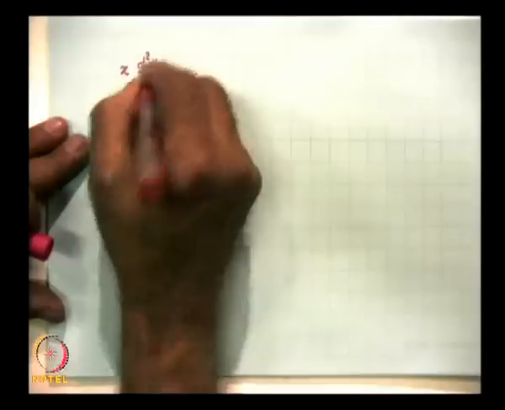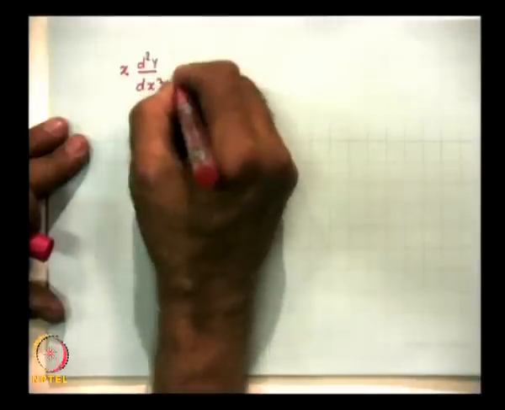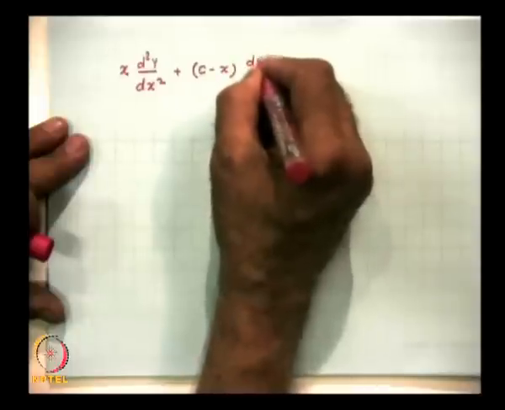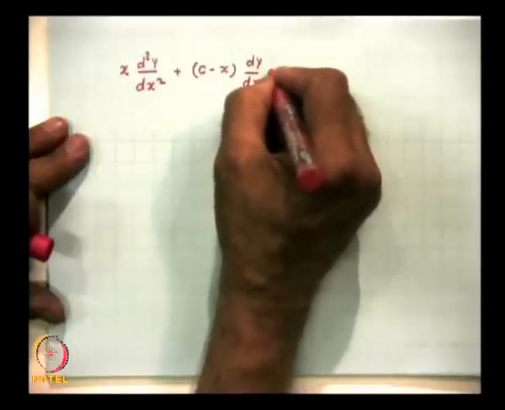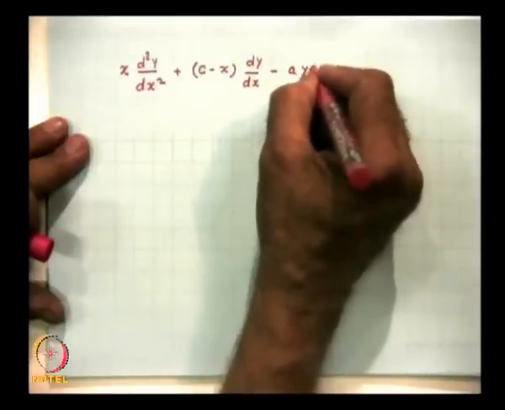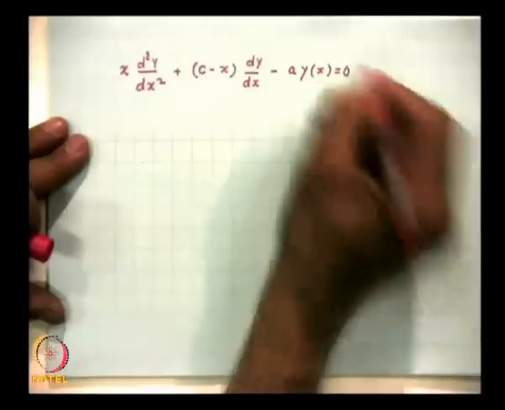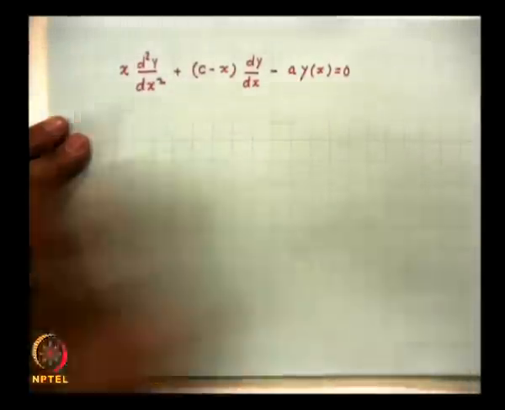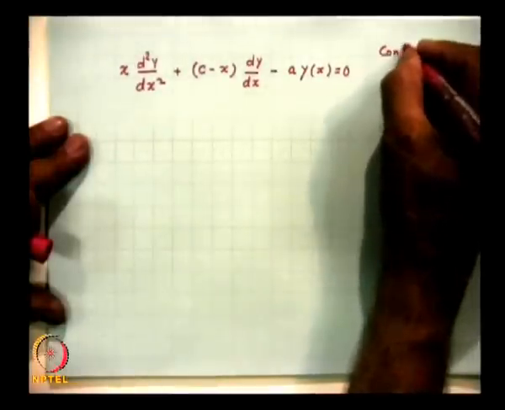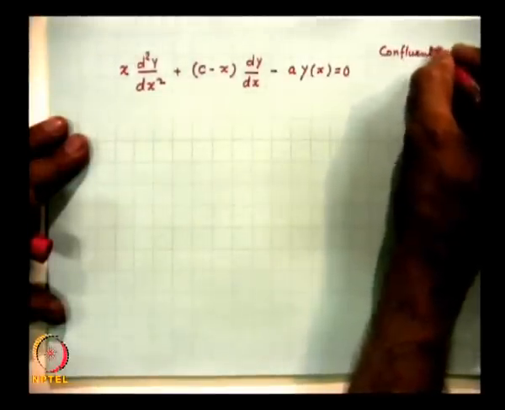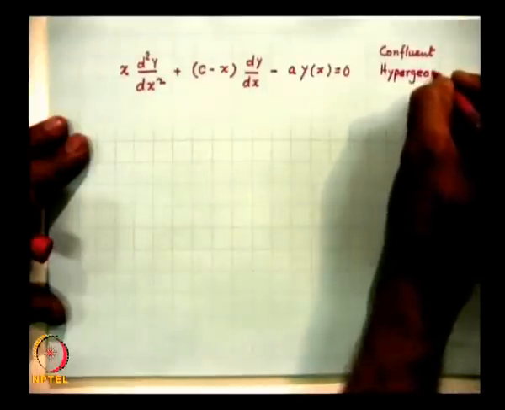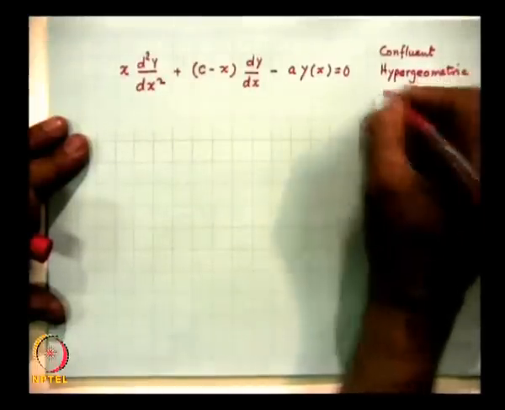So, we try to solve the equation x d2y by dx square plus (c minus x) dy by dx minus a y of x is equal to 0. This equation, where a and c are numbers, is known as the confluent hypergeometric equation.